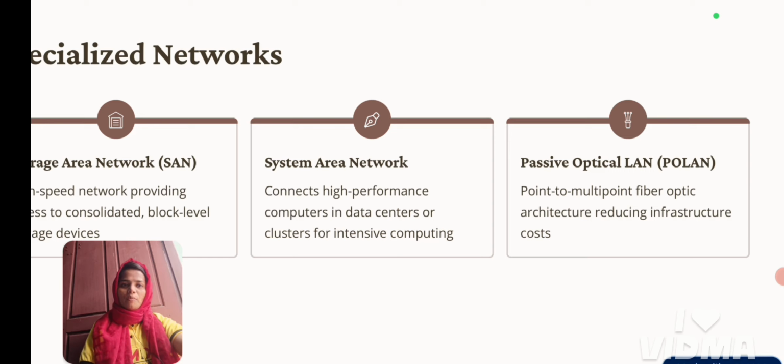I can use a point to multi-point fiber optic architecture to reduce the infrastructure. Like that, if I have only one printer and more than one system, I can also share that resource. In this case, the resource means that printer. I can share this resource with every system, so I can reduce the cost in this aspect. So this is called passive optical LAN, POLAN.